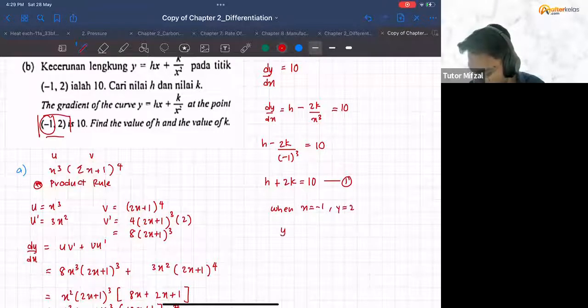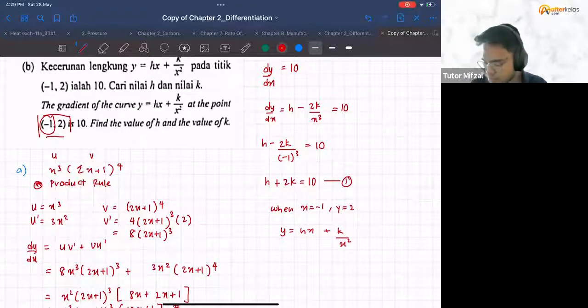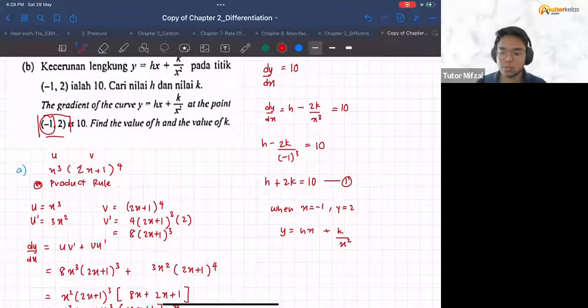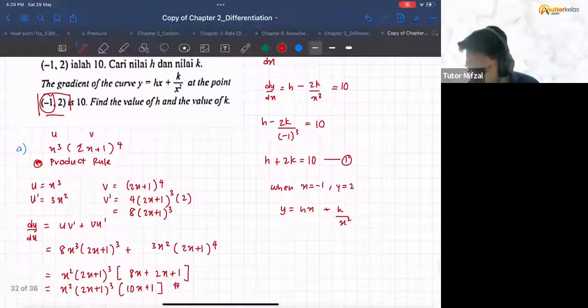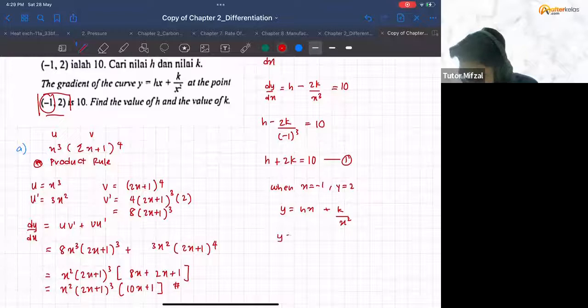So when you take y equivalent to hx plus k over x squared, and when you substitute the value of x, it must be equivalent to 2. Do you guys understand that? So the second equation you can get from using the coordinate itself.